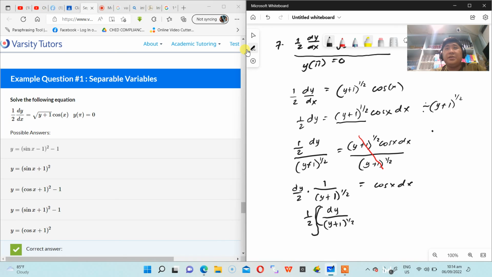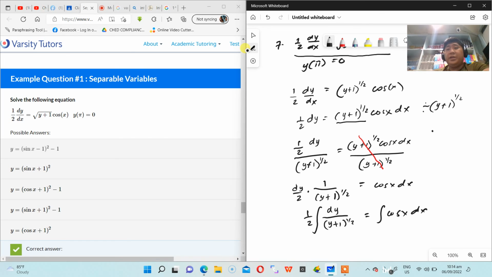Let's delete this one. Okay. Integral of this. Since we have 1/2 here, dy over this, dy times 1, that is dy, over this equals integral of cosine x dx. So now, what we need to do is to integrate this one.